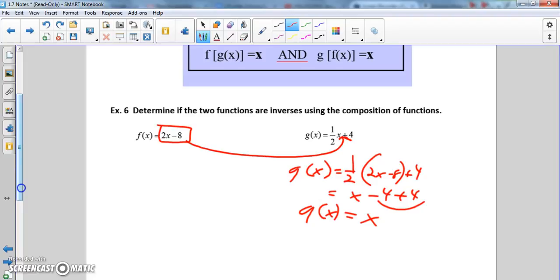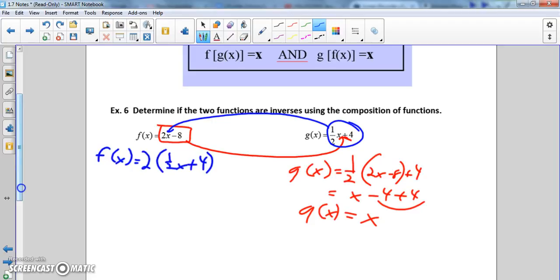Now we're going to do the same thing, except now we're going to take g of x and plug it in for x over here in the f function, f of x. So f of x equals 2 times (1/2 x plus 4) minus 8. Distribute the 2. 2 times 1/2 is 1x plus 8 minus 8.